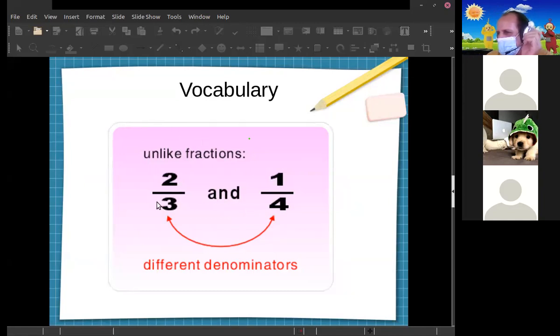Unlike fraction is what I have here: I have different denominators. If I have a like fraction, then everything is 4 as an example here. And unlike fraction is when the denominator is different. Like fraction, same denominator. Unlike fraction, not the same denominator.